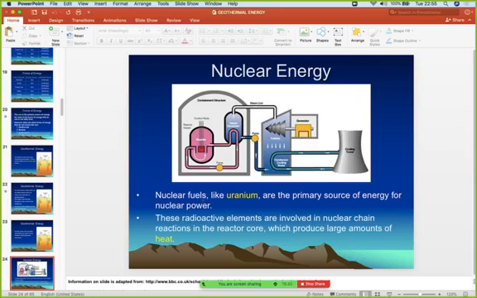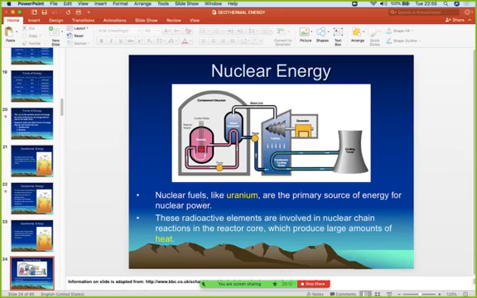This is what we call the containment structure. The main purpose is to isolate whatever will happen. So the structure is meant to support the very highly explosive nature of these nuclear cells.